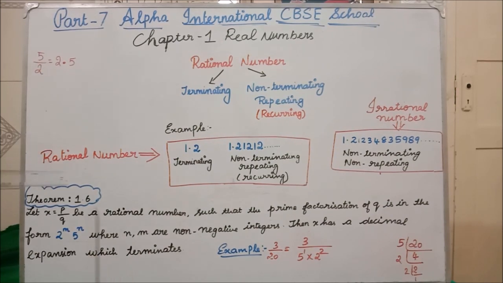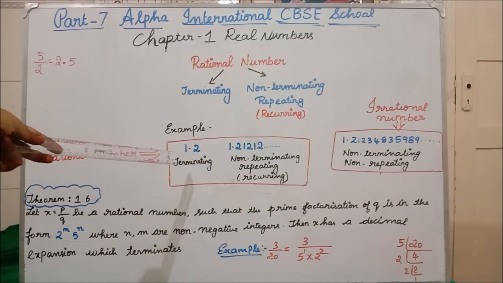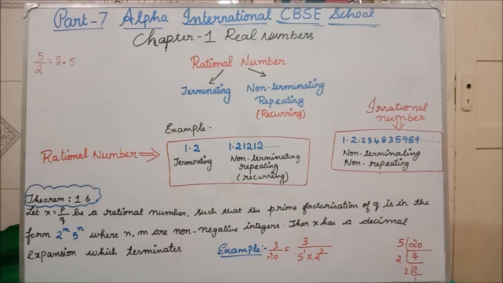Now we can see the example. Example: 1.2 is terminating. Why? Because after 1.2 no more digits come, so the remainder is 0, and that number is called terminating. Suppose you see 1.2121212, it goes on. We never get an end point and never get remainder 0.